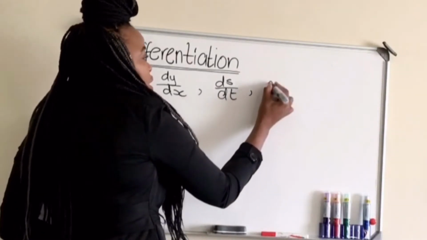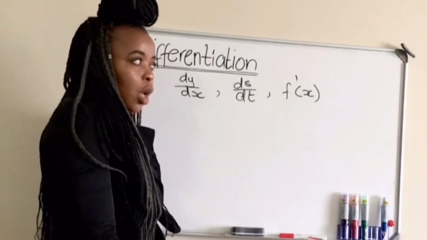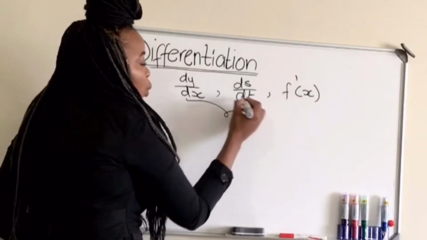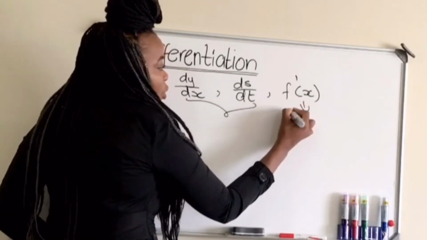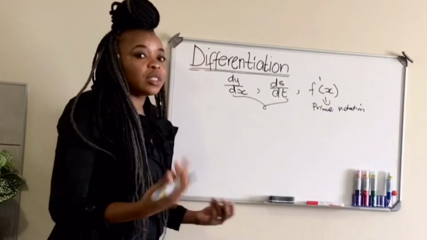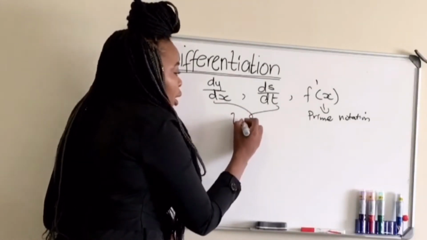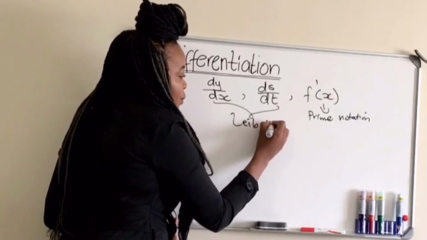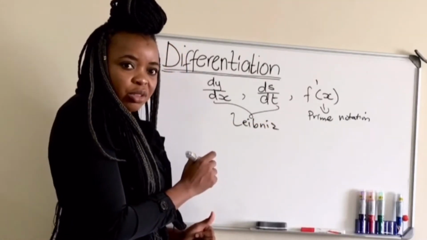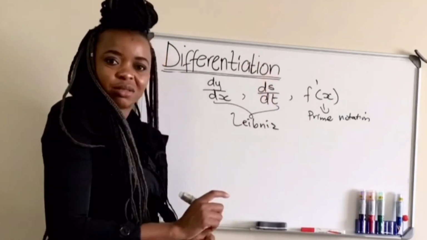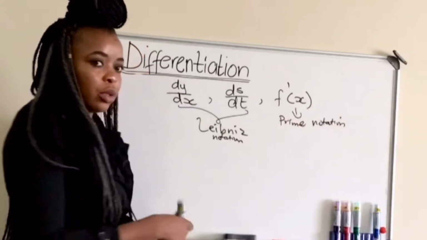Otherwise, they could just use f prime of x. This one is the prime notation. We can use the prime notation, or we can use what we call Leibniz notation. I'm not quite sure about the pronunciation, but I think it's Leibniz notation.